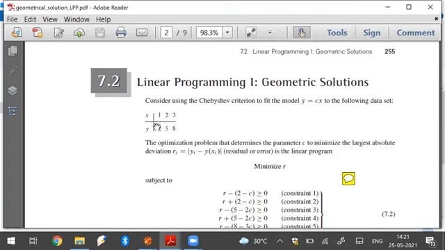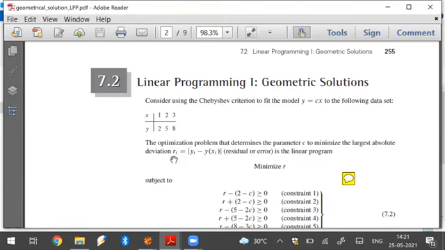For that we first have to measure the error, and then, corresponding to a choice of the error function, we have to bring the curve which will give the minimum error. There are many ways in which we can measure this error, and here we are using the Chebyshev criteria. Let me give the formal part first.